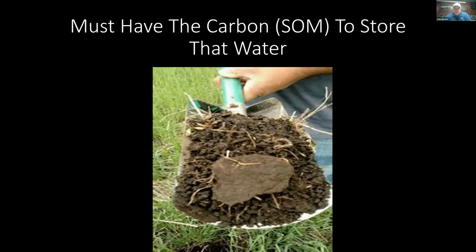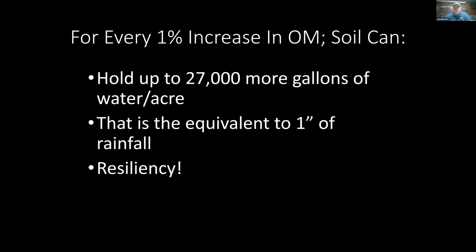That's the neighbor's 10-year no-till right at the forefront of this picture, which is higher in carbon, which is going to be able to store more moisture. For every 1% increase in organic matter, soil can hold up to 27,000 more gallons of water per acre in each foot of the soil profile.